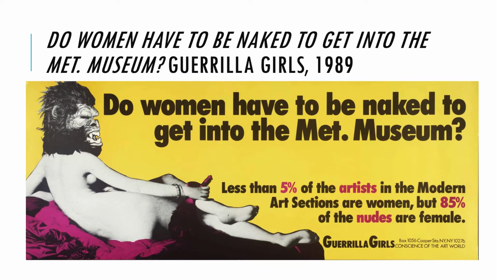And then we have the third wave of feminism, which is in the 80s and 90s, and that's in part people like the Guerrilla Girls, and also the whole idea of girl power and the Spice Girls and elements like that.